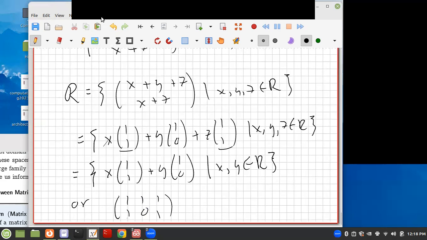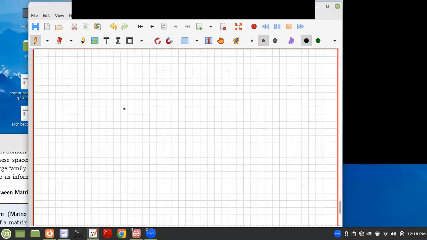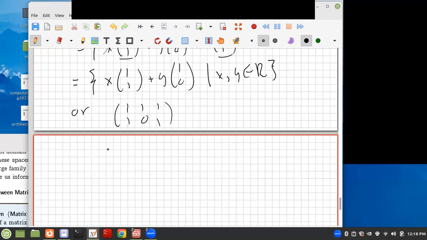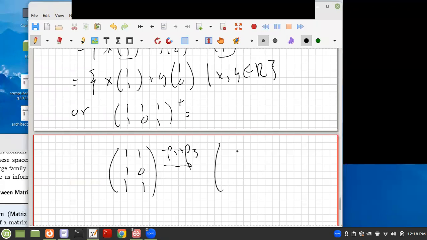So we take the transpose of this. First column is first row, second column is second row, third column is third row. Then we would say minus row 1 plus row 3 would give 1, 1, 1, 0, 0, 0, right?